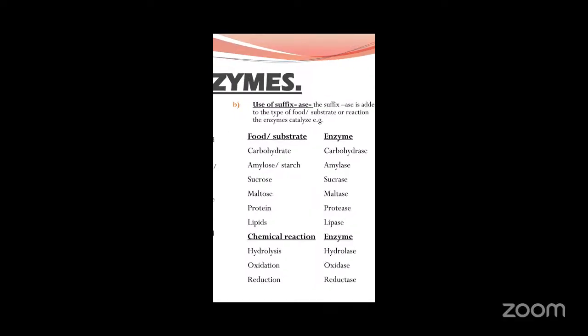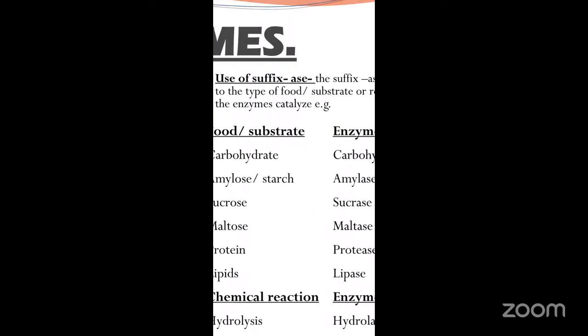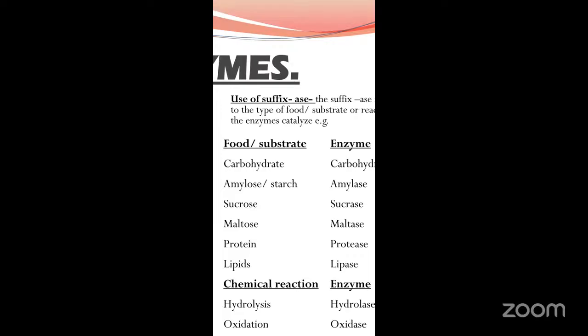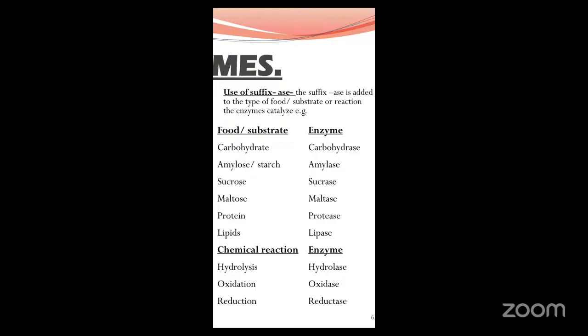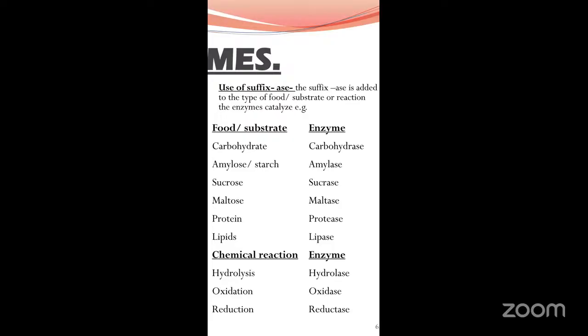Like, for example, if we have carbohydrates being broken down, we can have an enzyme known as carbohydrase. If you look carefully, what has happened here is that we have added suffix -ase at the end of the name carbohydrate. This shows the food substance that is being broken down. The food substance is a carbohydrate, but the name of the enzyme is carbohydrase.